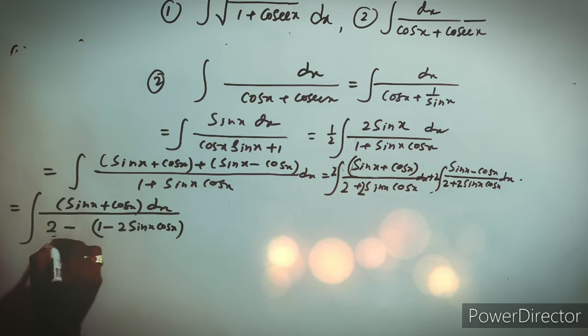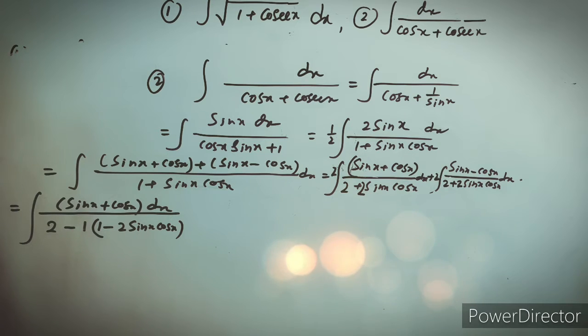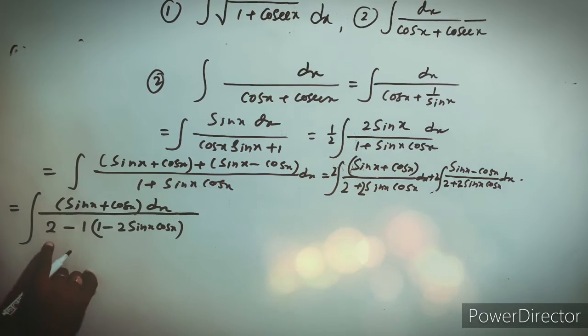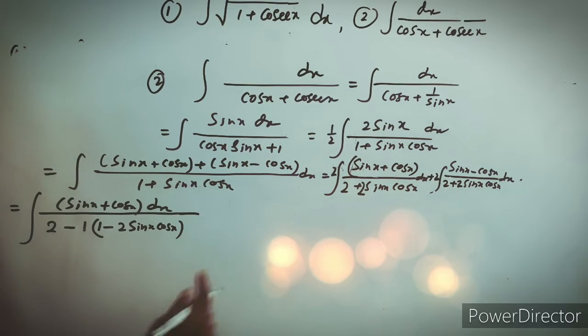This is 1 and this is 1 actually, so here it is 2 plus 2 sin x cos x.